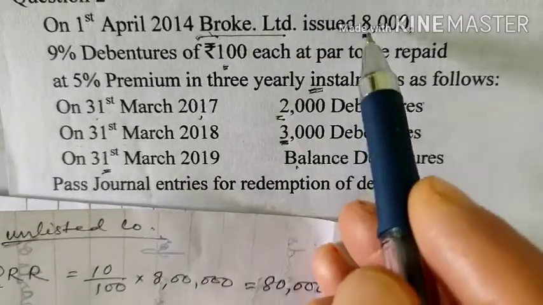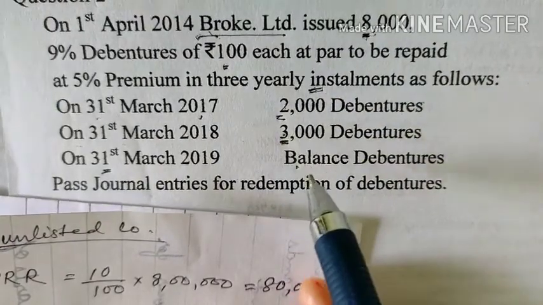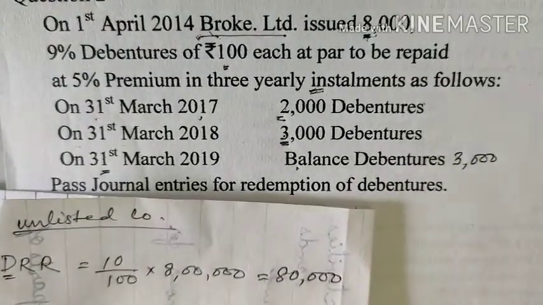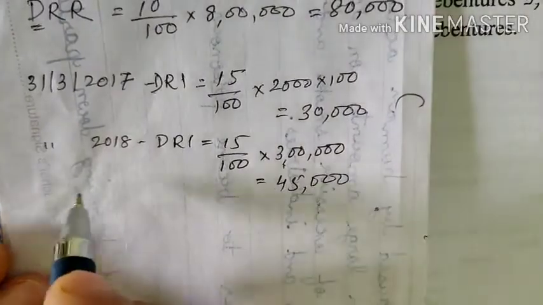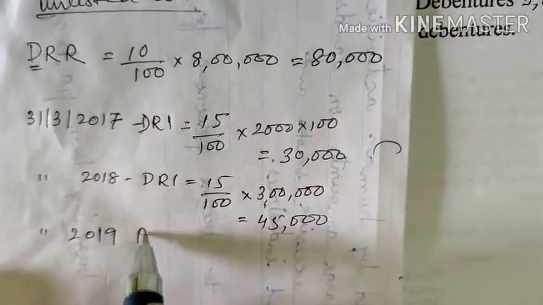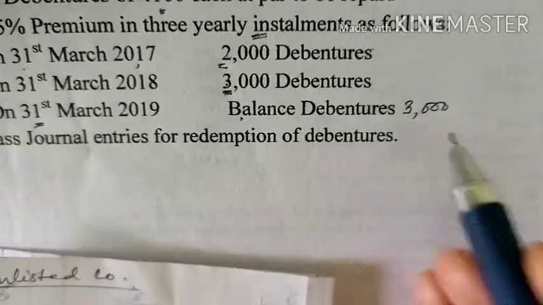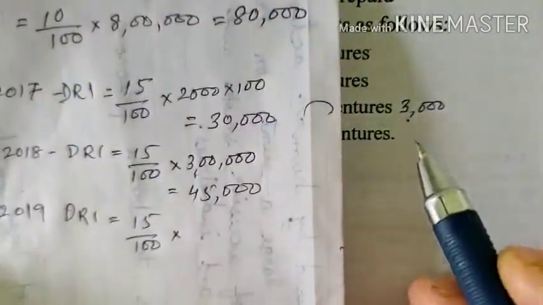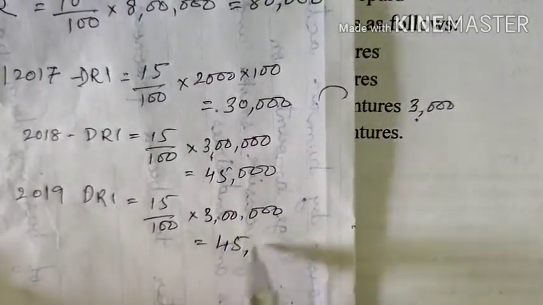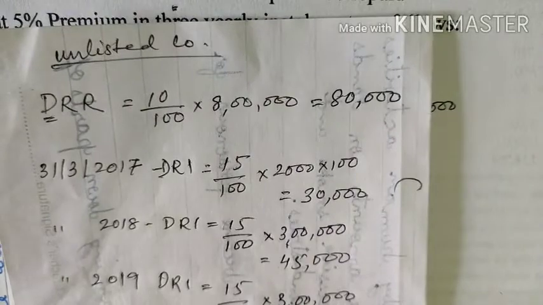How are you going to calculate the balance debentures? 8,000, which is the total debentures, minus the 5,000 redeemed will give you the balance. So here the balance is 3,000 debentures. So DRI for 31st March 2019 will be 15% of how much? 3,000 into 100, that is the nominal value, so that is 3 lakhs, so we have 45,000. So these are the calculations for DRR and DRI.